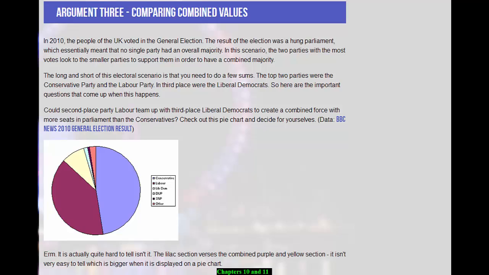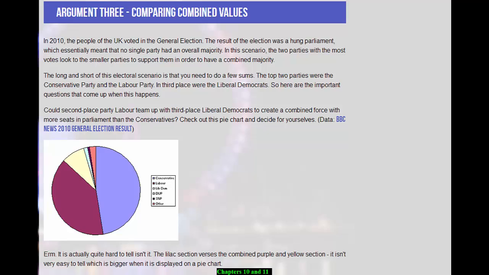So here are the important questions that come up when this happens. Could second place party Labour team up with third place Liberal Democrats to create a combined force with more seats in the parliament than the Conservatives? Check out the pie chart and see if you can decide for yourselves. It's obviously really difficult to tell who should join up with who.